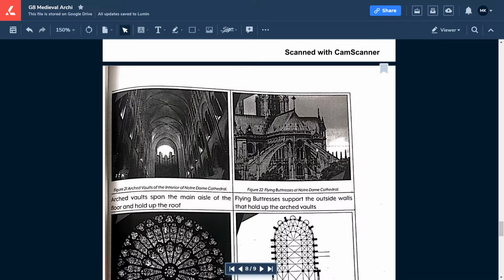Here it's clear how they're holding up the roof. Flying buttresses support the outside walls that hold up the arched vaults. Here the arched vaults span the main aisle of the floor and hold up the roof.